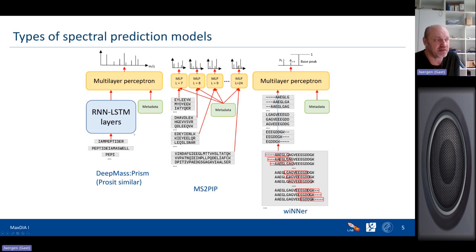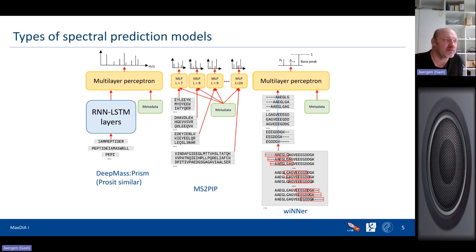This is a problem for conventional machine learning. If you have variable length input, you always want to have vectors with a fixed length. But recurrent neural networks in particular are built for being able to deal with these variable length peptides, just as they're able to deal with sentences with a variable number of words in them, right? So that's why they're very suitable and make very good predictions.